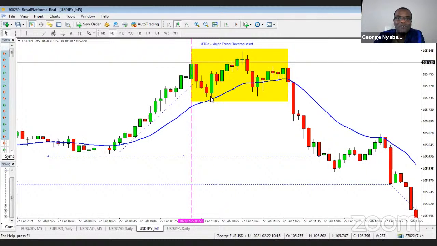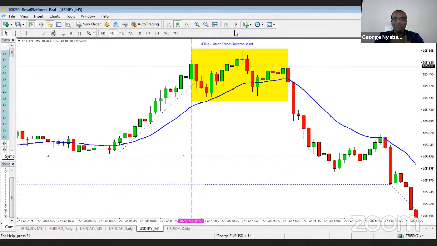Now, when you have a break of the trend line, we want to see the market coming to test the moving average, and preferably you want to see the bears putting a bar completely beneath the moving average. Then you want to see a resumption of the trend, because these bulls might be going for leg one, pullback, leg two, somewhere up here.